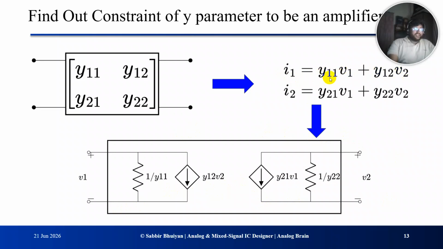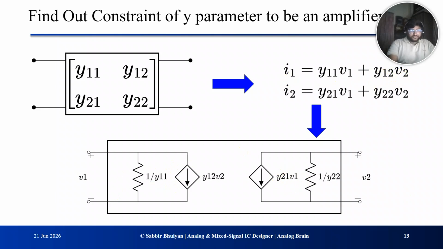Y11 is related to this port's voltage V1, which means it's a resistance, 1 by Y11. And Y12 relates to the other port's voltage, not this port, so this can't be a resistance. This must be a voltage-controlled current source. Similar is this.